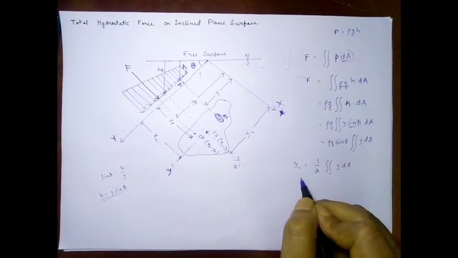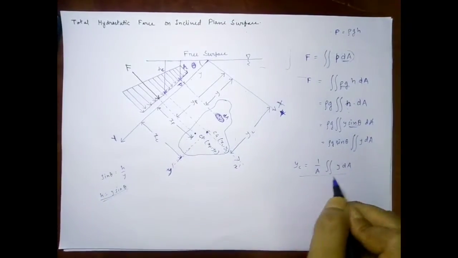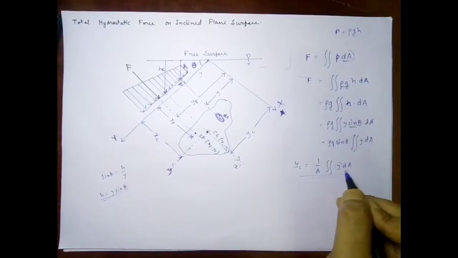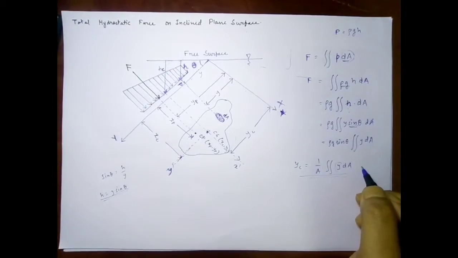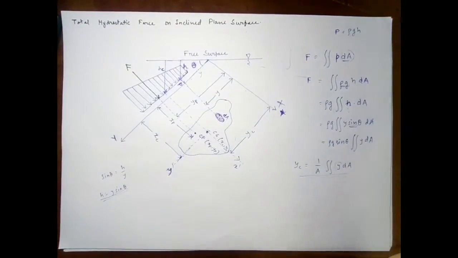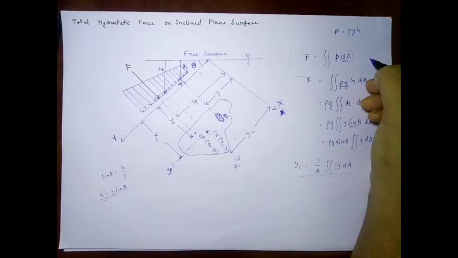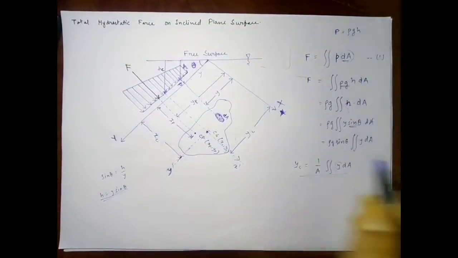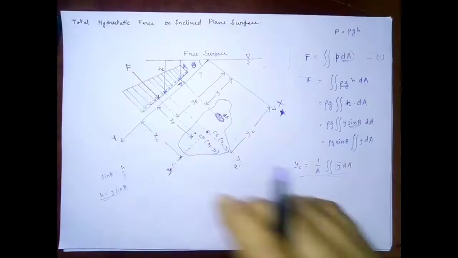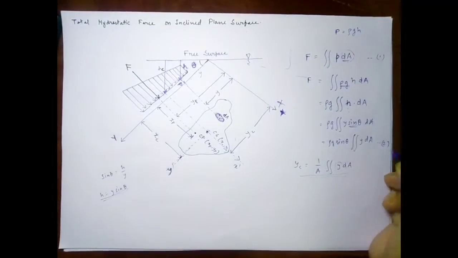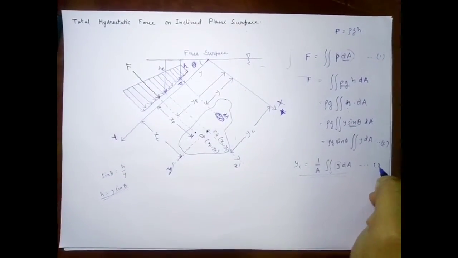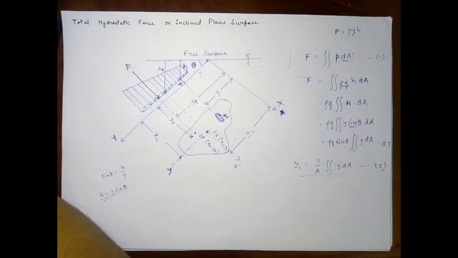So you can relate yc with y by this equation. Let's name the equations: this one will be equation 1, this one will be my equation 2, and this one will be my equation 3.